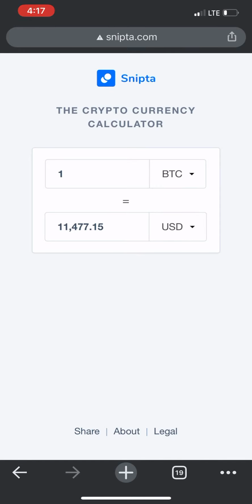Now you can see that this calculator is showing us that one bitcoin is worth 11,477.15 in dollars. So whenever you want to check any dollar value in bitcoin value, this is the calculator you are going to use.